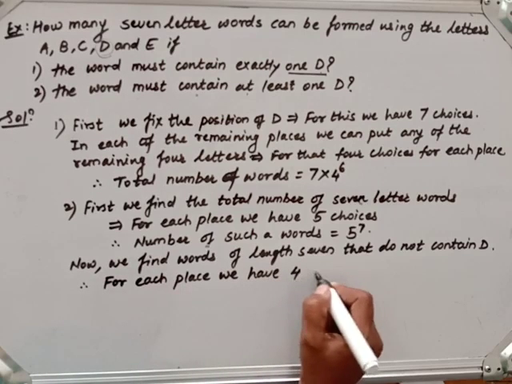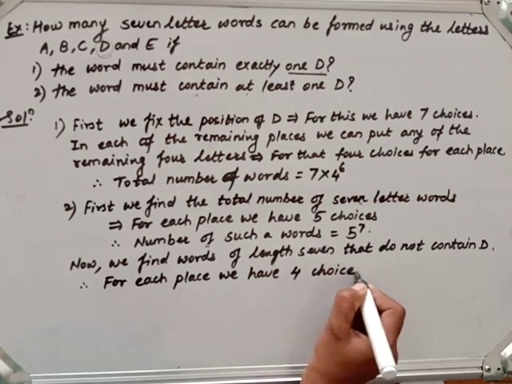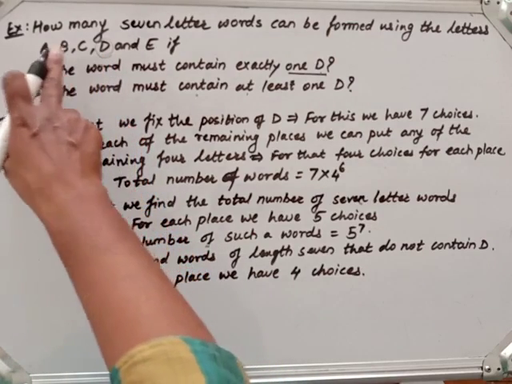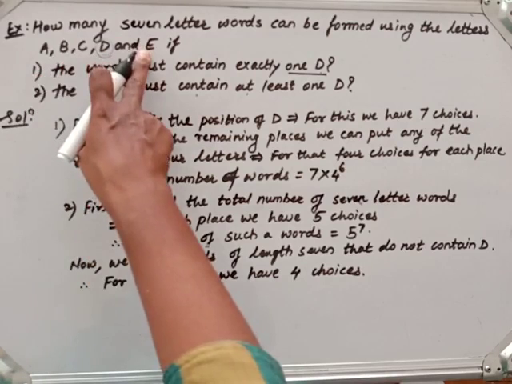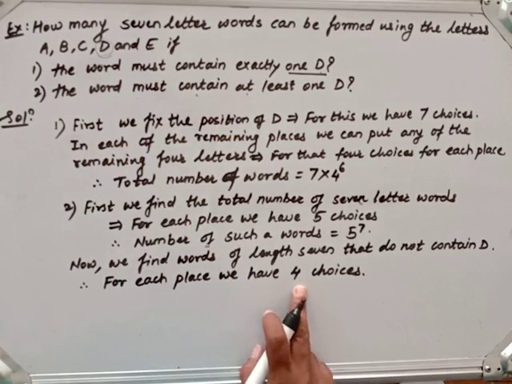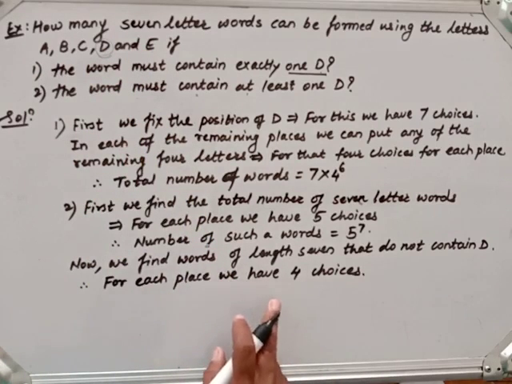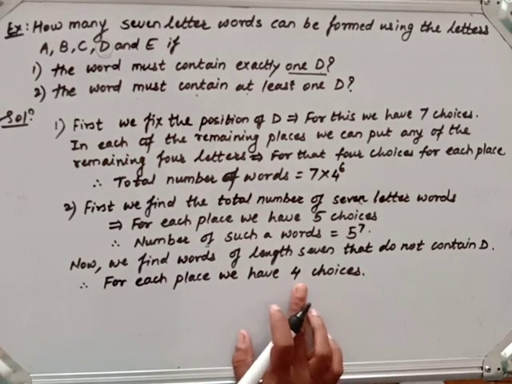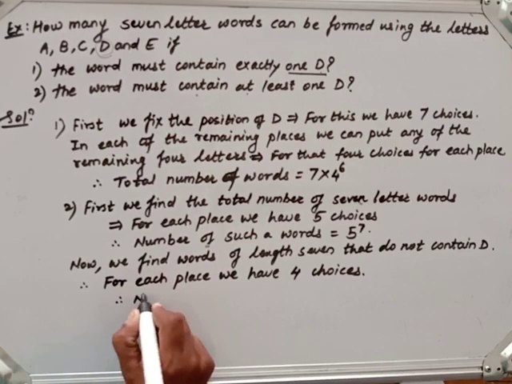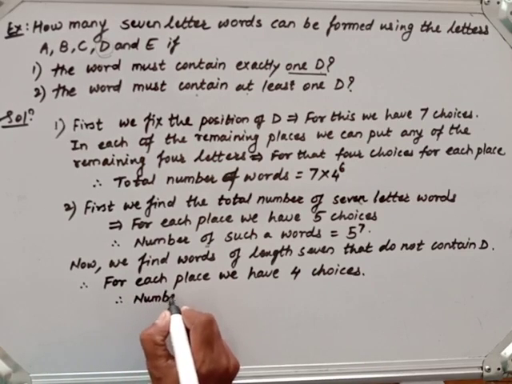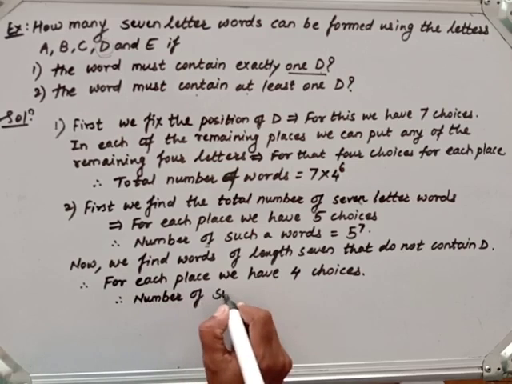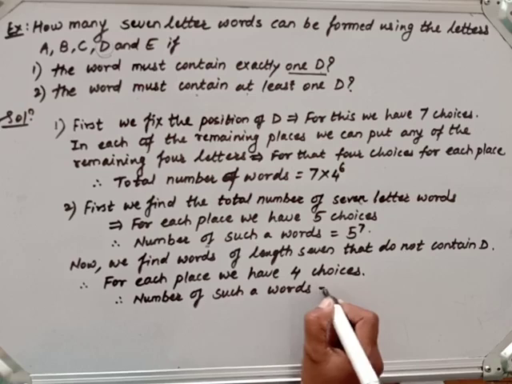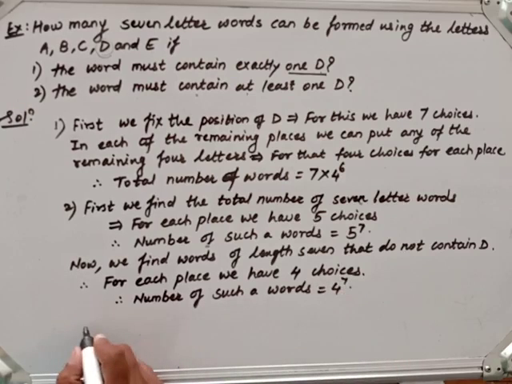We have only 4 choices, as only 4 letters are left; not containing D means only A, B, C and E will be there. So we have only 4 choices for each place. Therefore the number of such words is 4 raised to 7, 7 places and for each place 4 choices.